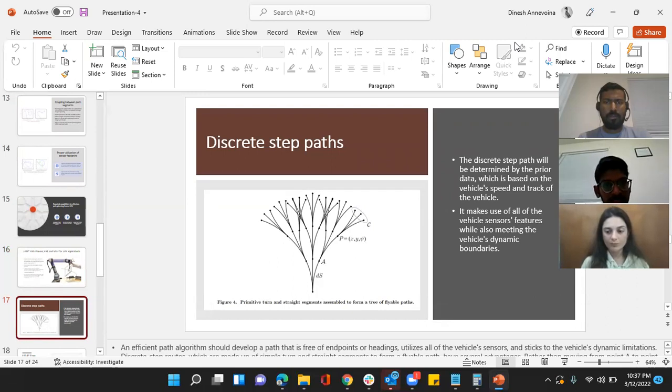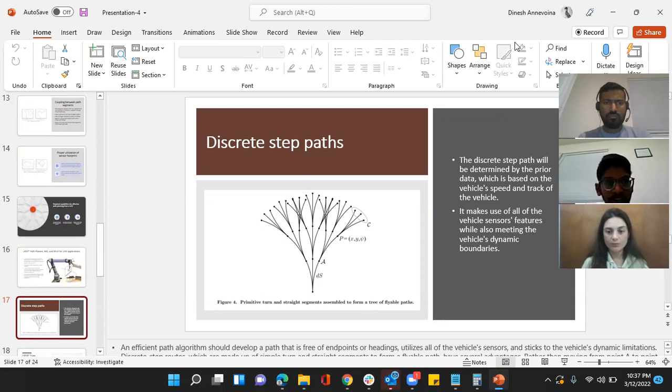If we see in this figure, the primitive turn and straight segment assembles from A to C, there are some flyable paths which we have from the function p of x, y, psi. The efficient path algorithm should develop a path that is free of endpoints or headings, utilizing all the vehicle sensors and sticking to the vehicle's dynamic limitations, made up of simple turn and straight segments to form a flyable path.